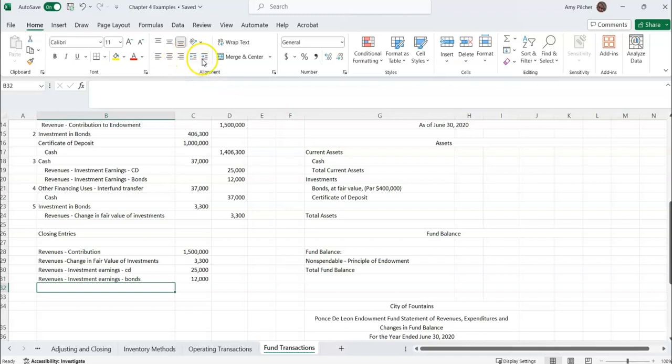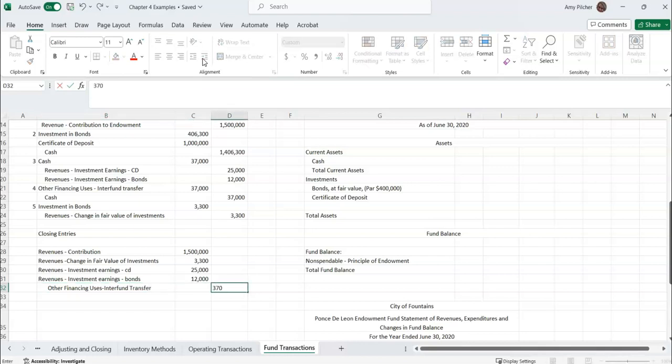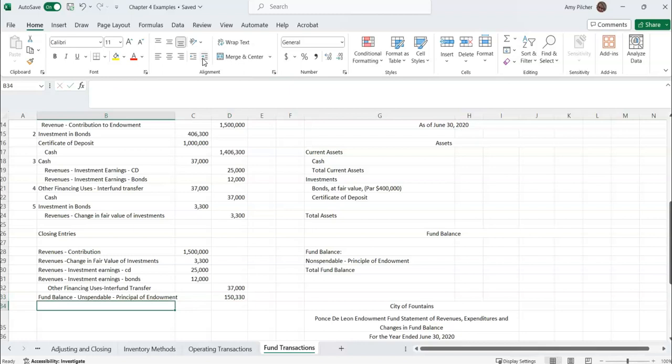And then we're going to credit other financing uses, interfund transfer. And then we have our fund balance, unspendable.